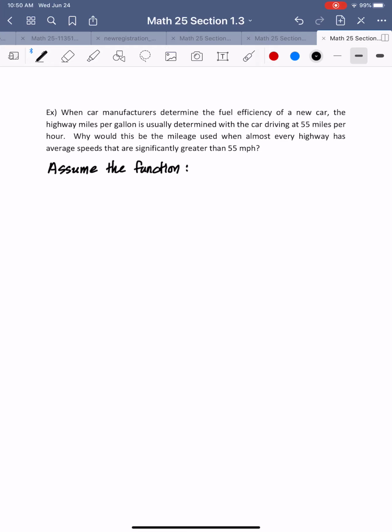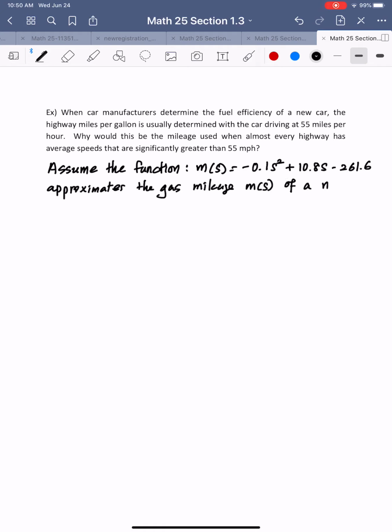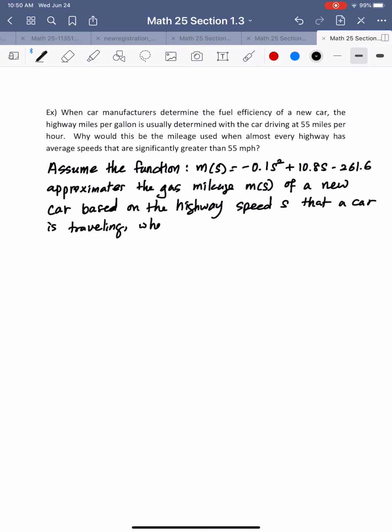So the function m of s equals negative 0.1 s squared plus 10.8 s minus 261.6 approximates the gas mileage M of S of a new car based on the highway speed S that the car is traveling, where S is between 45 and 85.